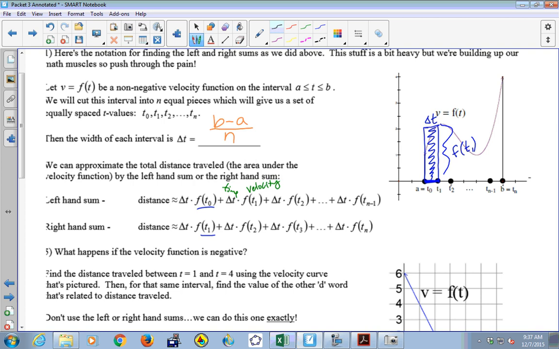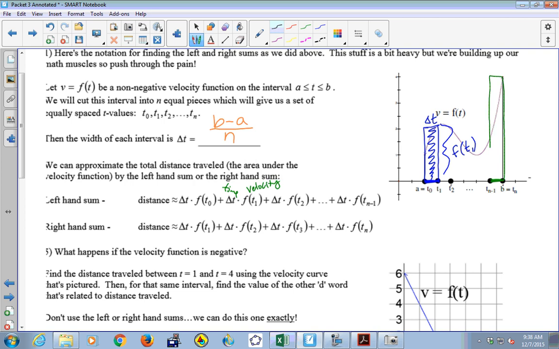And then the very last rectangle: we're looking at t sub n minus 1 to t sub n. If you use the right-hand endpoint of this interval to get the height of the rectangle, you go up to the curve and get the height.